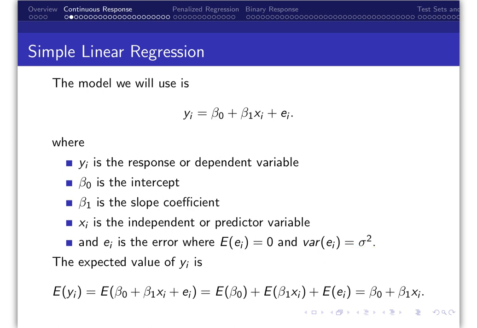Thus, the expected value of y sub i is given by this equation. Note that in simple linear regression, there are three parameters, beta naught, beta 1, and sigma squared.